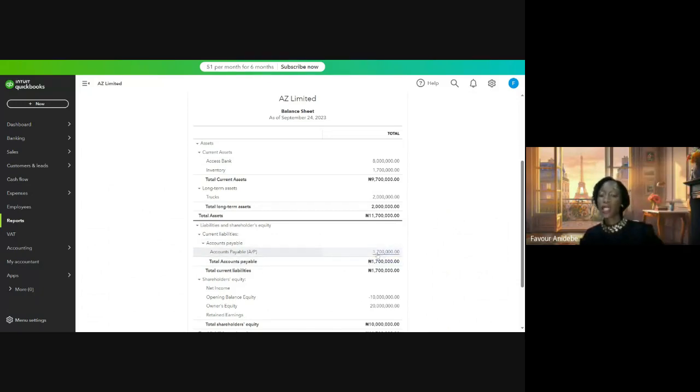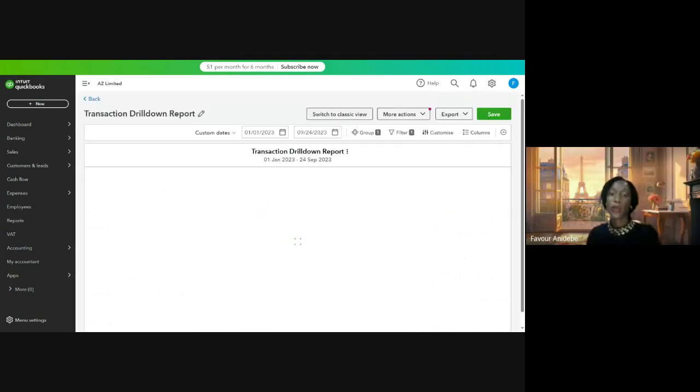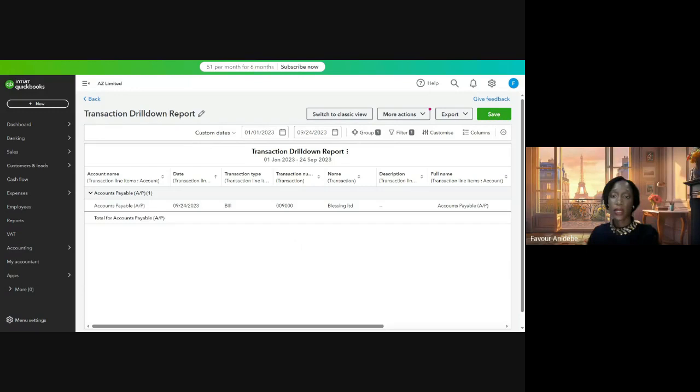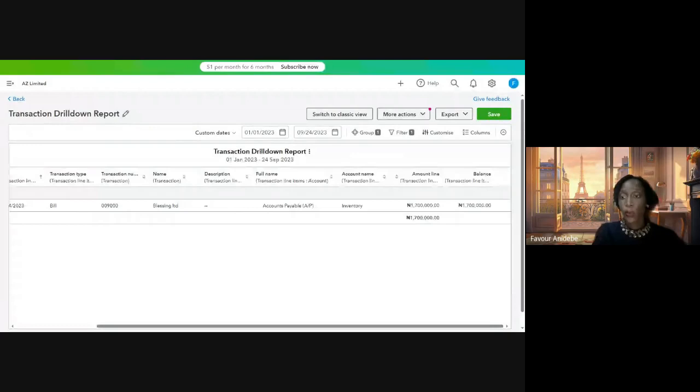So it will reflect here as you are still owing somebody. When you double click on it, it will take you to where you can see the transaction that made up that 1.7 million naira. You can see bill to Blessing Limited, inventory, 1.7 million naira.